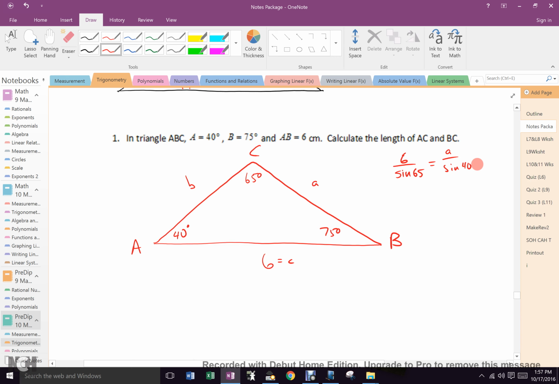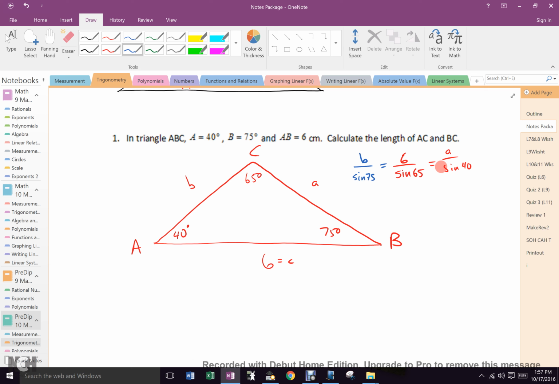Agreed? And it must also equal B, which looks like a 6, over sine 75. Does everyone agree? Okay, now, to do this, I trust that everybody remembered how to cross multiply, but a couple of people had to come up and ask me afterwards, so I'm going to remind you of something.